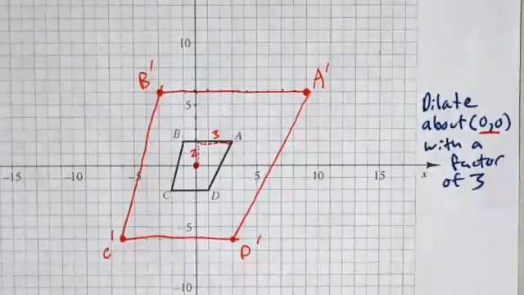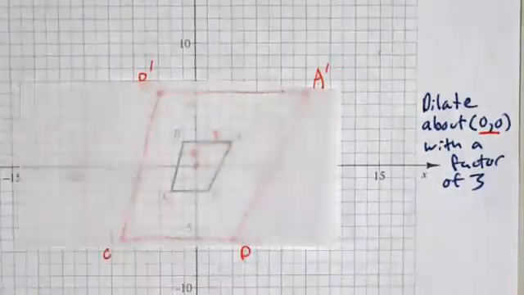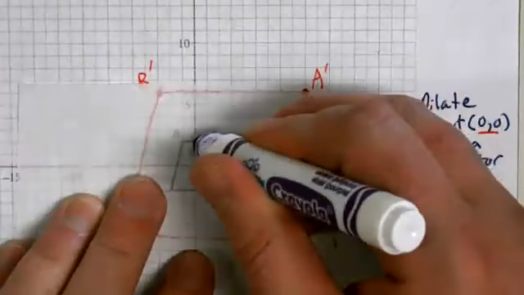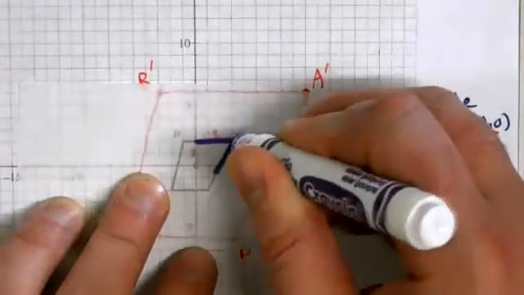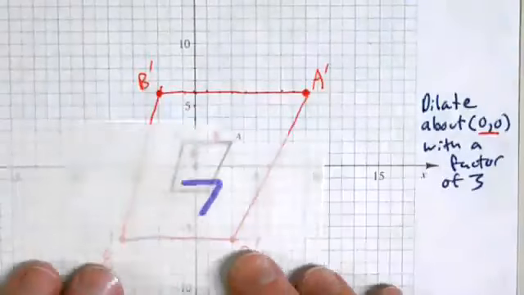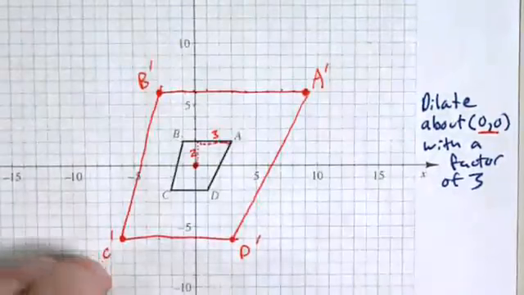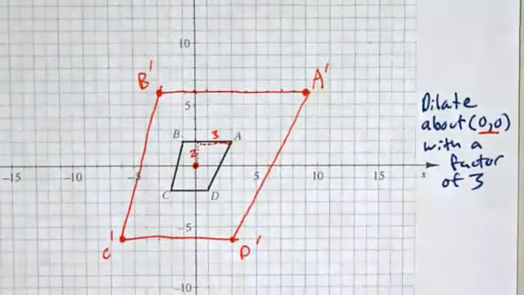Conjecture. Sorry, hypothesis is science. So I'm going to go ahead and trace this angle A right here. What do you guys think? When I slide that up, is that going to match the other angle A up there? Oh, look at that. Perfectly matches. So the angles stay the same, but the sides are different.